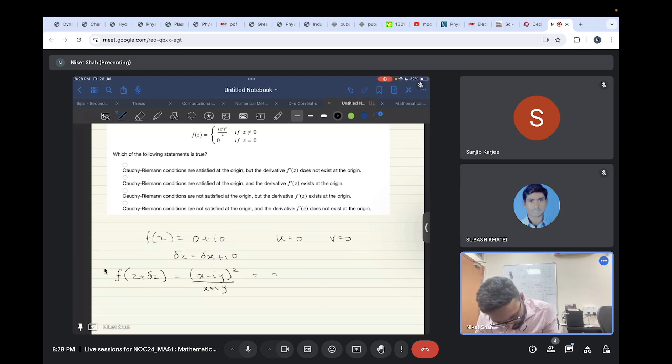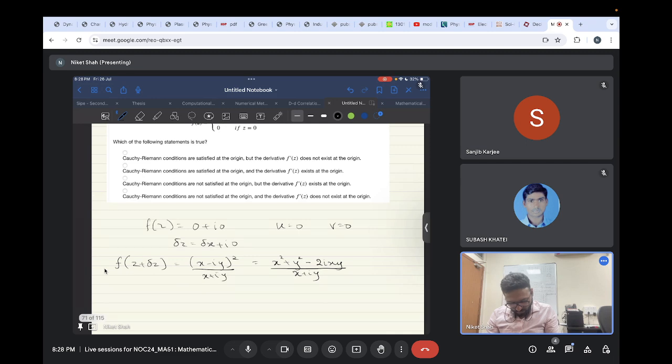So this is equal to x square plus y square minus 2ixy divided by x plus iy. This is my function, right? Do I need to normalize this? Let's do it nonetheless. X minus iy multiplied and divided by both. So what I get here is x cube plus xy square minus 2ix square y.